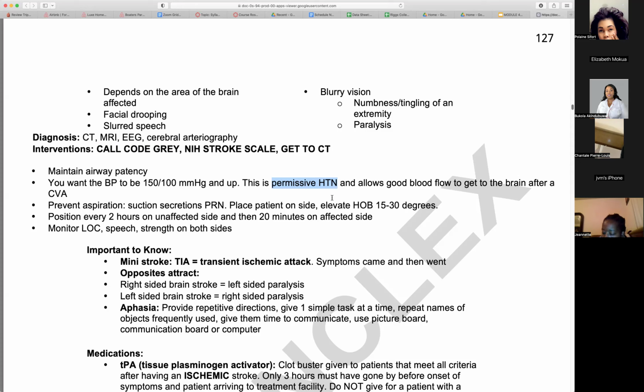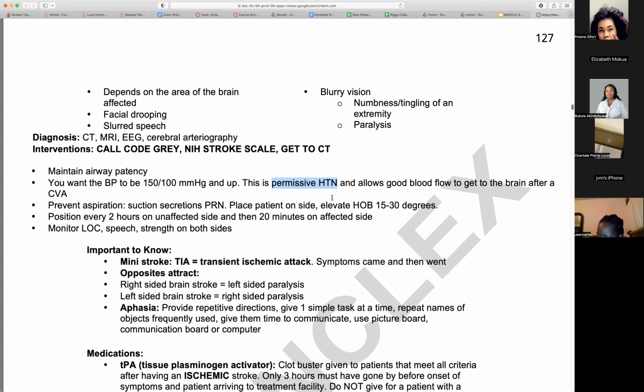For example, it could lead to the hemorrhagic stroke, where a blood vessel would burst open from those high blood pressures. Now, after a stroke, you want the blood pressure to be slightly elevated, because it will help the brain get more oxygen, more blood flow, to help the brain heal. This is what we call permissive hypertension.